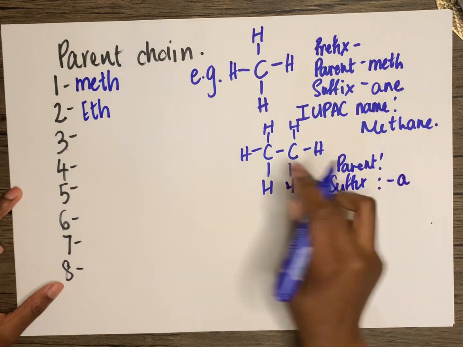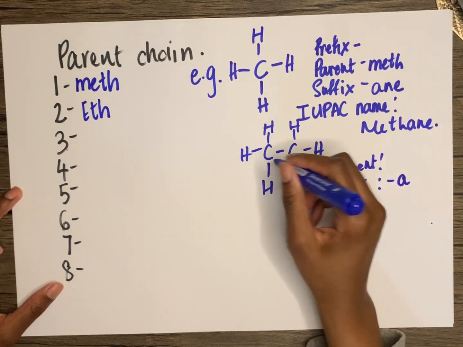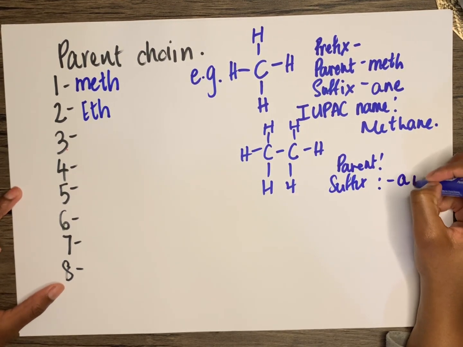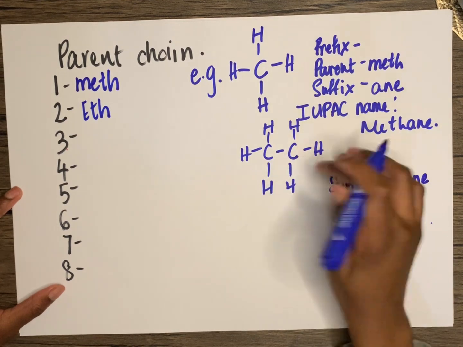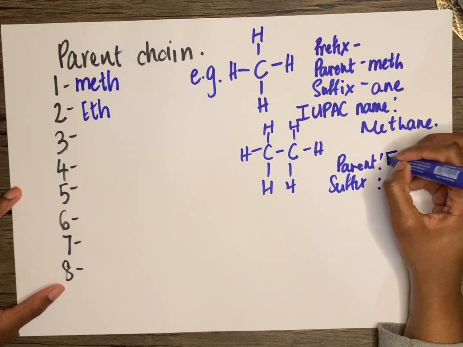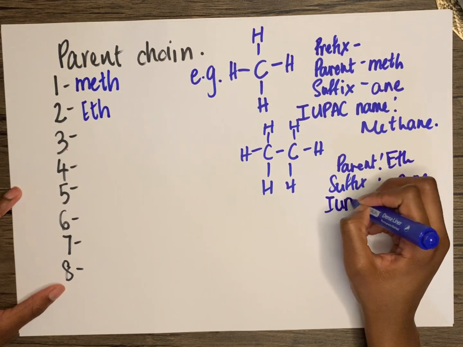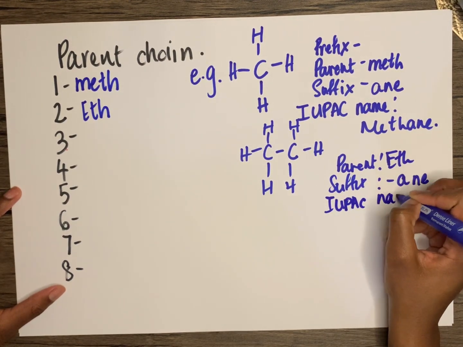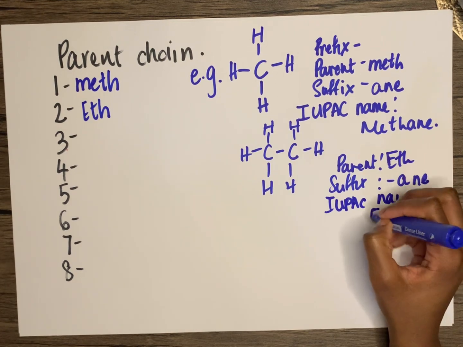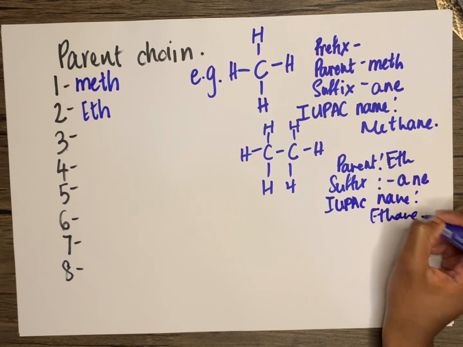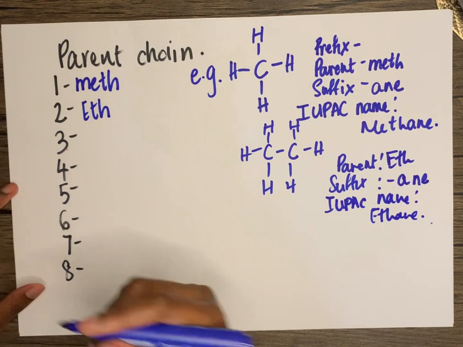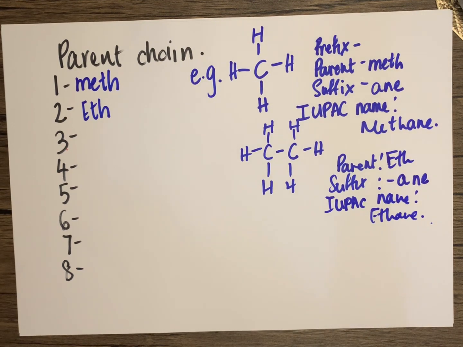Since it has single bonds only between adjacent carbon atoms, that's ane, and then I have 1, 2, which means the IUPAC name would be ethane, right?